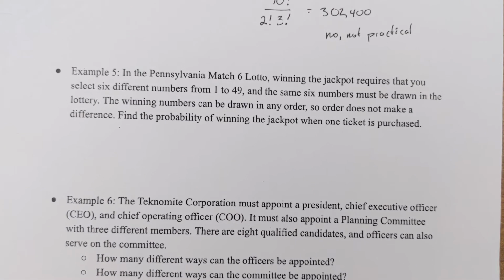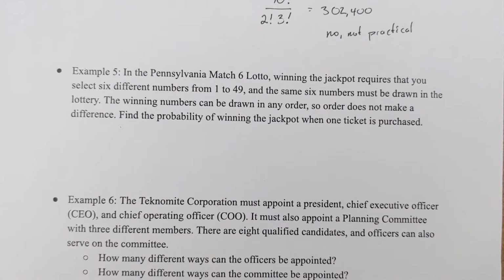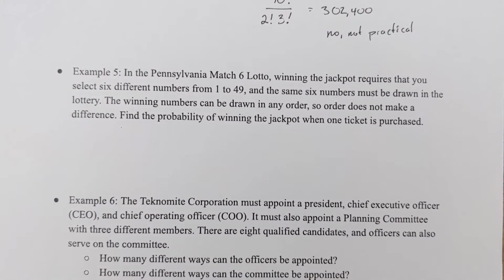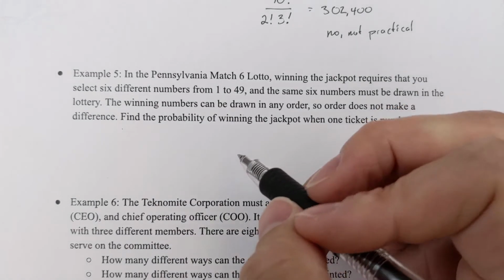Okay, example 5, Max 6 Lotto. Winning the jackpot requires that you select 6 different numbers from 1 to 49. The same 6 numbers must be drawn in the lottery, drawn in any order, so order does not make a difference. Find the probability of winning a jackpot when 1 ticket is purchased. So from 1 to 49, there are 49 different numbers. So this is a combination problem.